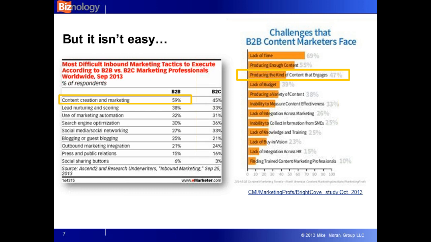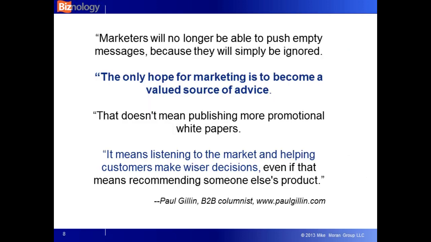So that's why I want to get into the meat of today's material on how to plan for great content marketing in B2B. My inspiration for this is Paul Gillen, who I'm sure many of you know. He has been a columnist for Crane's B2B magazine for many years, and he wisely pointed out that what we need to be doing when we're thinking about content marketing is responding to the needs of our prospects and current customers.